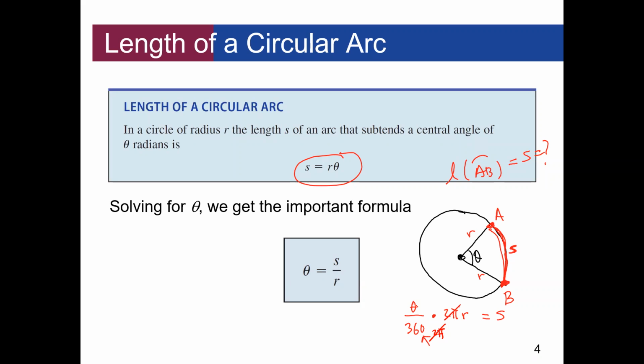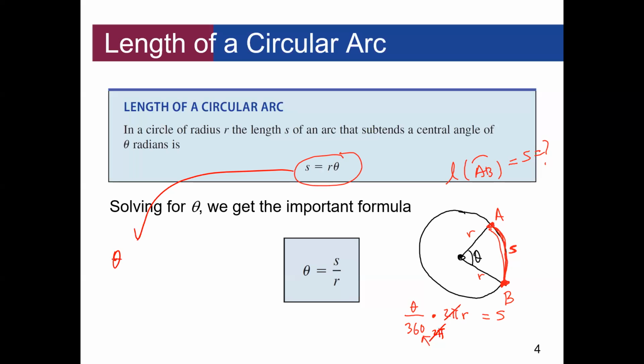If theta is in radian, then this will always be r times theta. But if theta is in degree, then you have to do theta divided by 360 multiplied by 2 pi r. So that's another version of this basically. This version is for when theta is in degree.